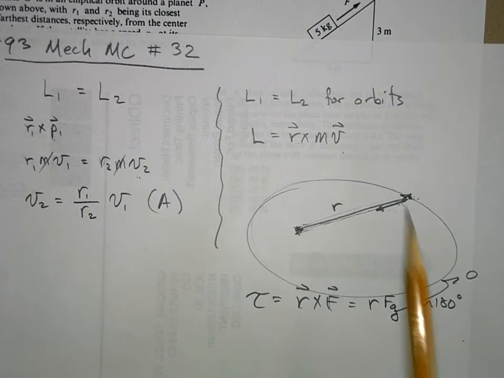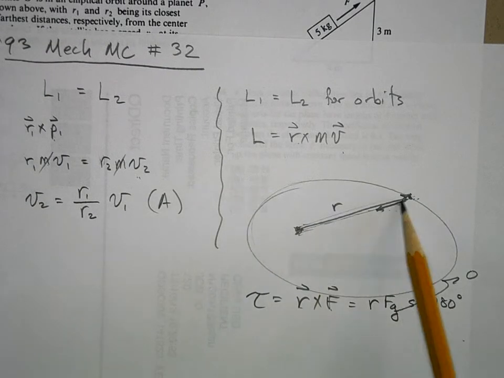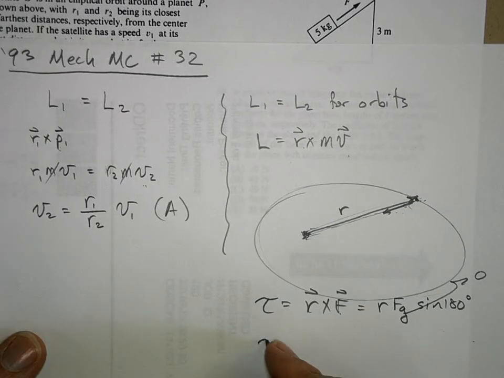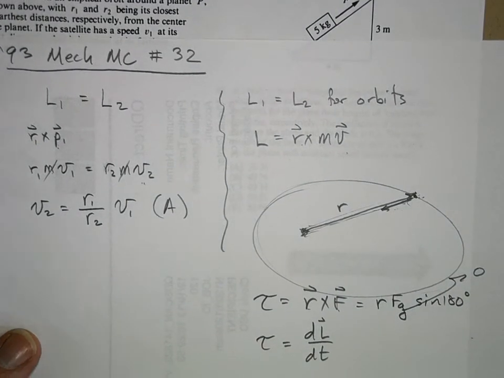In other words, if you've got a central force pulling a planet or a satellite around something, whether it's an elliptical orbit or a circular orbit, doesn't matter, gravity is not applying any torque. And therefore, angular momentum is conserved. Remember, another way of saying torque is the rate of change of angular momentum, if you have a net torque.